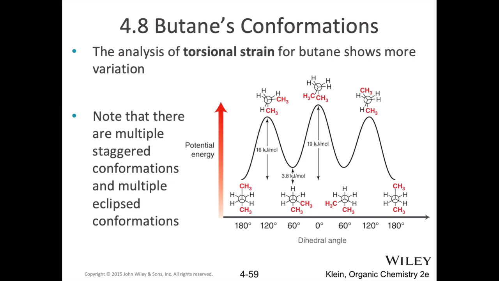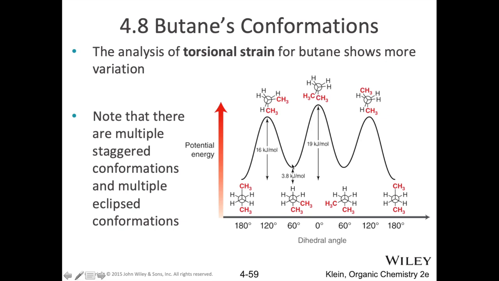What if you have two bulky methyl groups? This is interesting because it changes the profile a little bit. We've seen the interaction between methyl groups and hydrogens in the previous example, but what if we have two methyl groups interacting with each other? Then the strain's even greater, a strain of 19 kilojoules per mole.